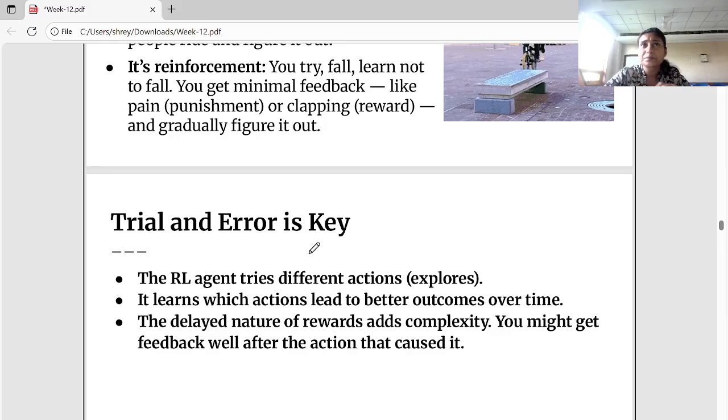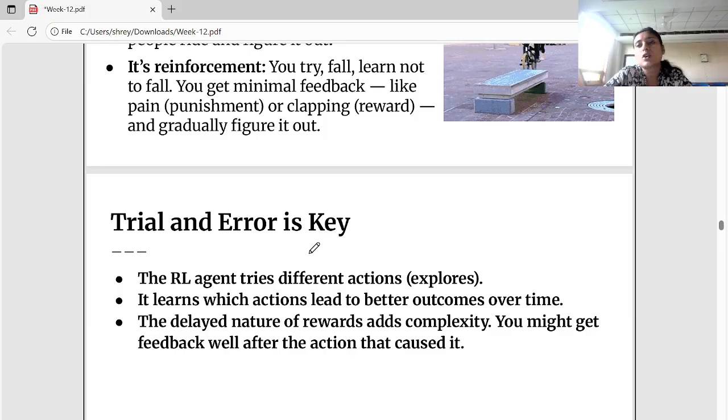For example, you go to the doctor, you have some symptoms, they give you medicine. You don't have a positive or negative reaction to the medicine in one day. You have to take it for at least 3-4 days before you get that reaction, right? If it is positive, then good. But if it is negative, then obviously your health can deteriorate or something, right?